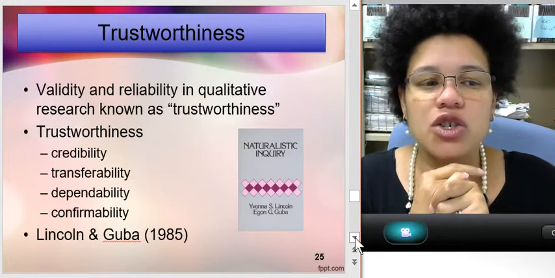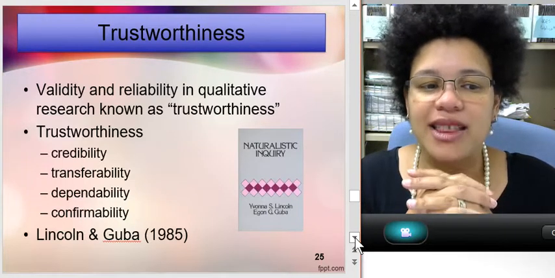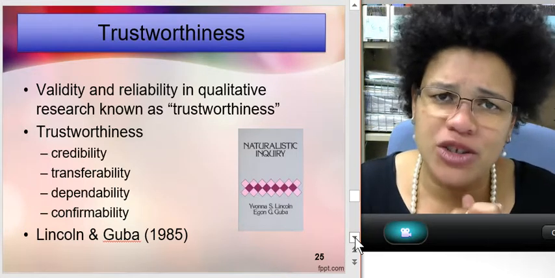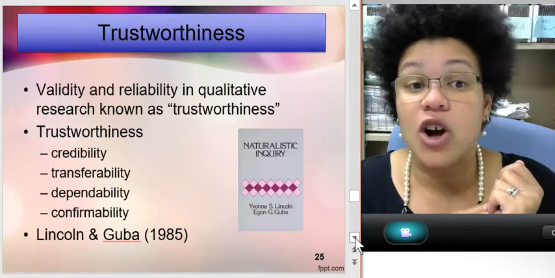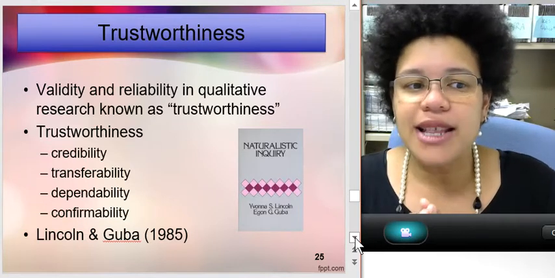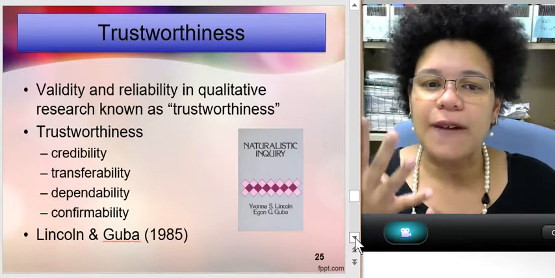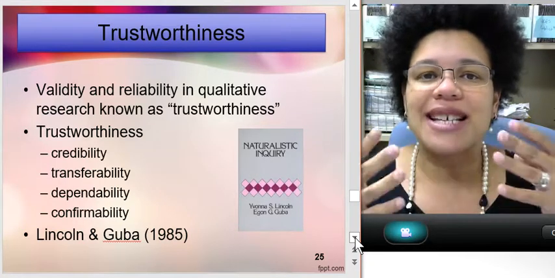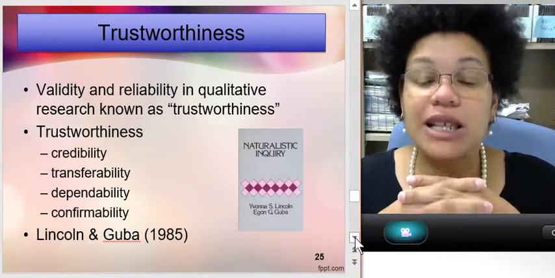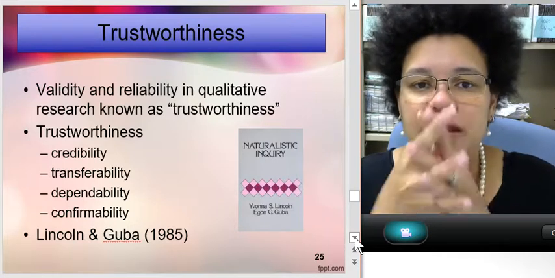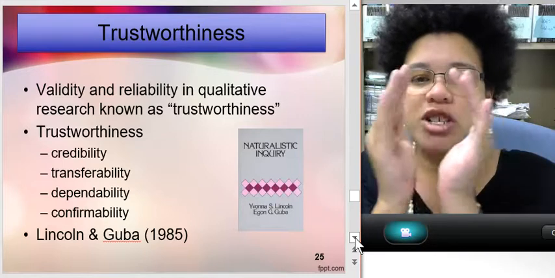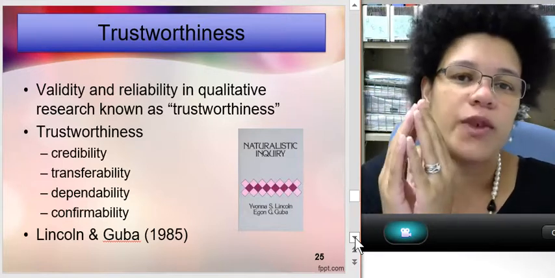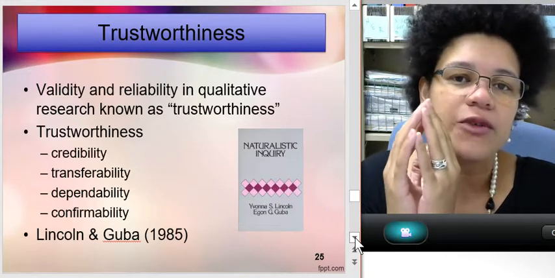And trustworthiness was described by Lincoln and Guba in 1985 in a very influential book on qualitative research called Naturalistic Inquiry. And Lincoln and Guba identified four things that paralleled aspects of validity and reliability on the quantitative side. So they were translating into the qualitative framework what validity and reliability are.